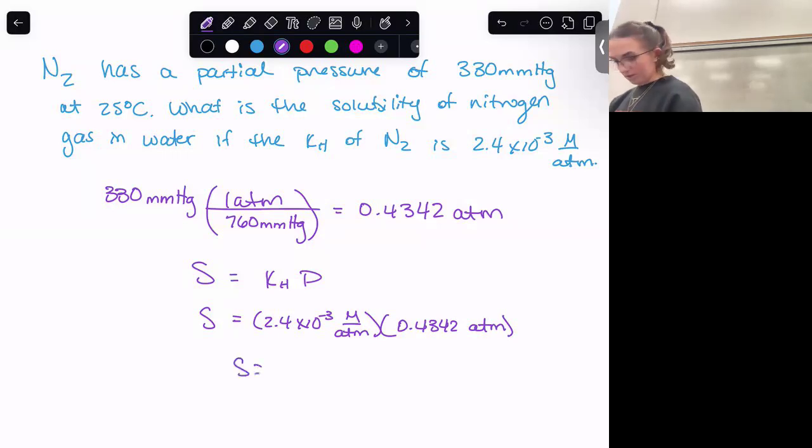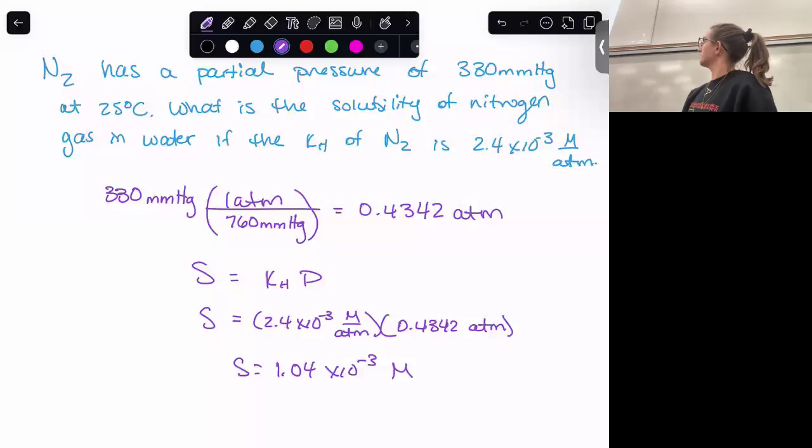I got solubility is 1.04 times 10 to the negative 3 molar. What if I wanted this in grams per liter?